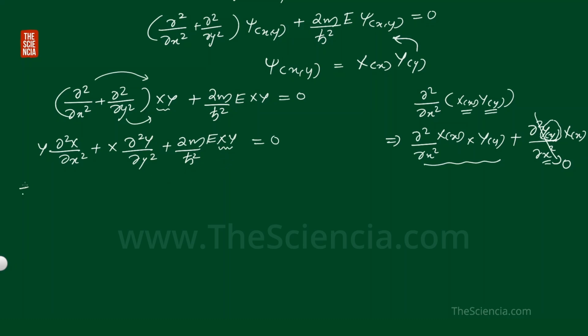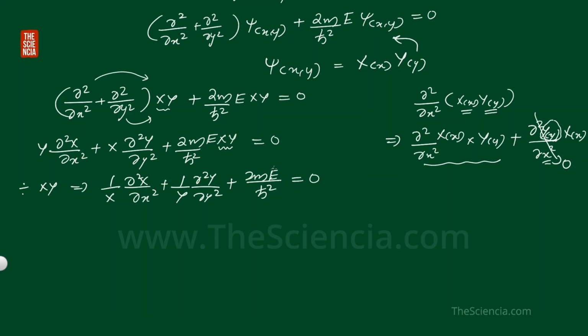So I am going to divide this entire equation by XY. Y by XY, so Y cancels and remaining is only 1 by X into dou square X by dou x square, plus when dividing X by XY, X cancels, only Y remains, that is 1 by Y dou square Y by dou y square, plus 2mE by h cross square is equal to 0.